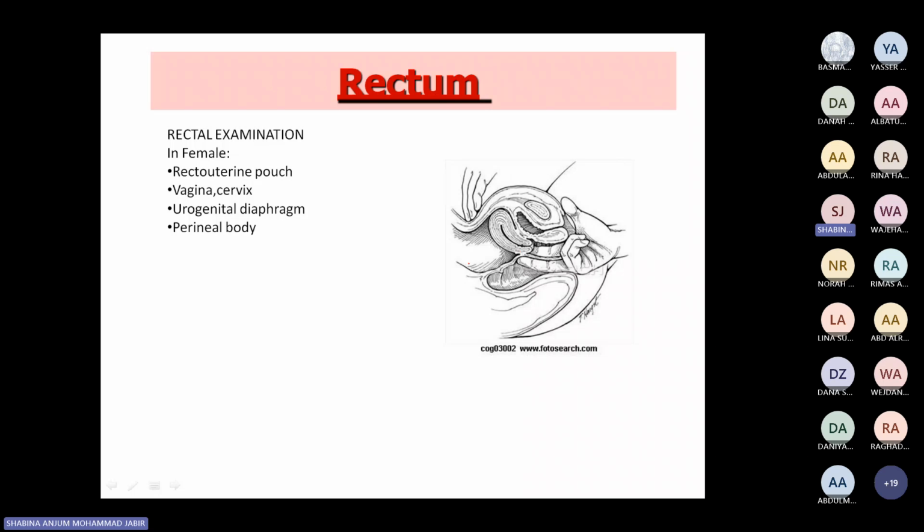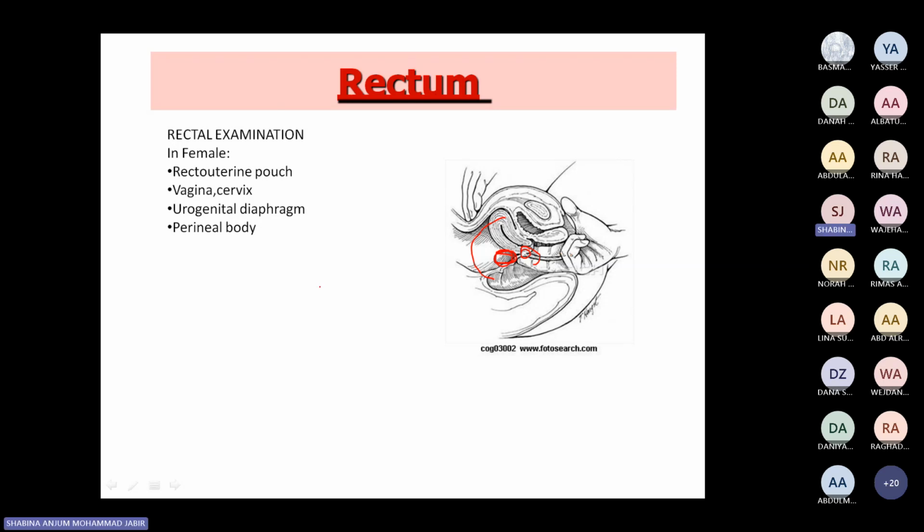In the female, basically you will find this pouch. What is this pouch? Yes, Douglas pouch. Very good. Pouch of Douglas or rectouterine pouch. And here the surgeon can feel the vagina, cervix, urogenital diaphragm, and perineal body.